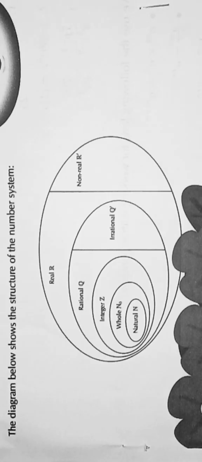What about rational? Rational, letter Q. Rational numbers are numbers which can be written as A over B, numerator over denominator, where A and B are integers and B is not equal to 0.